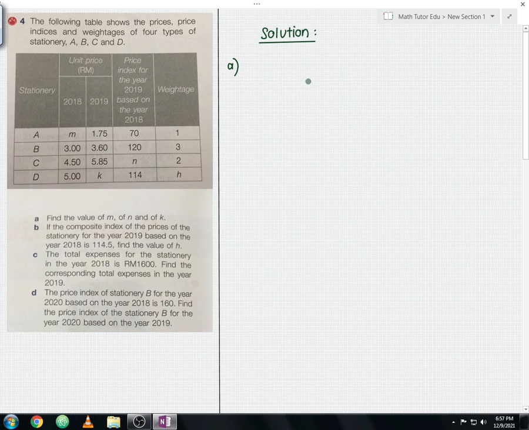Step 1, I'm going to write the general formula which can be applicable to find the M, N and of K. The formula to find the price index in general will be price in the year 2019, you divide the price in the year 2018 and you times with 100. Okay, so let me underline the fraction and box the formula.